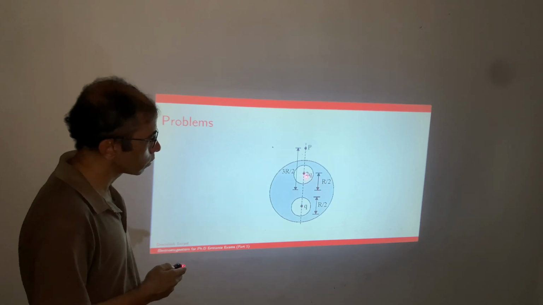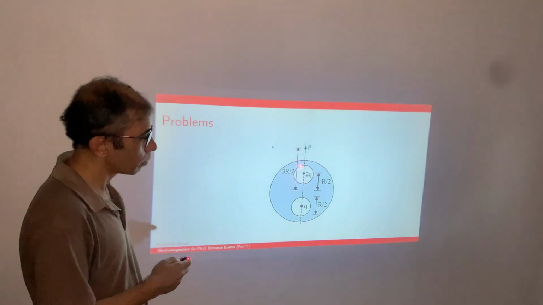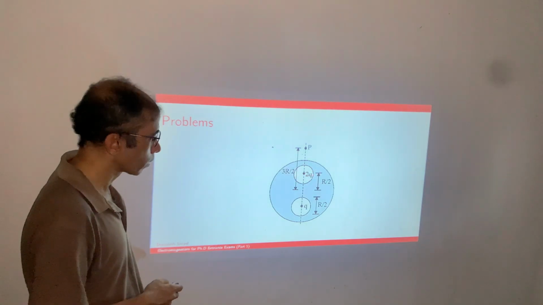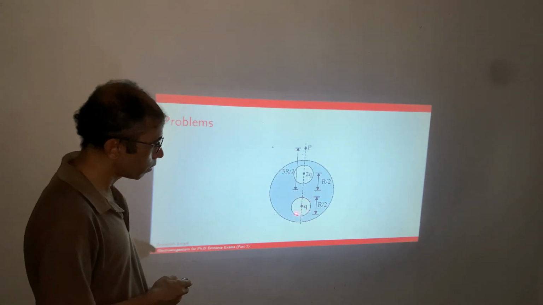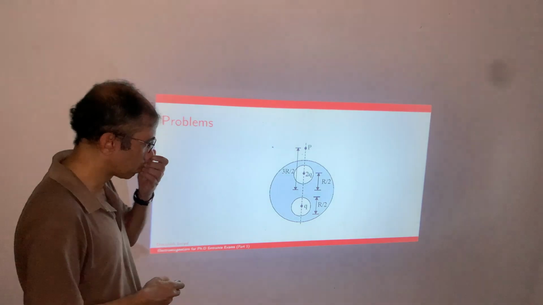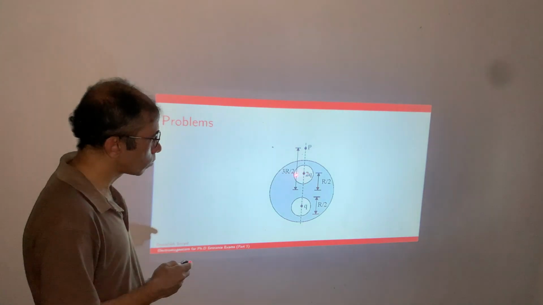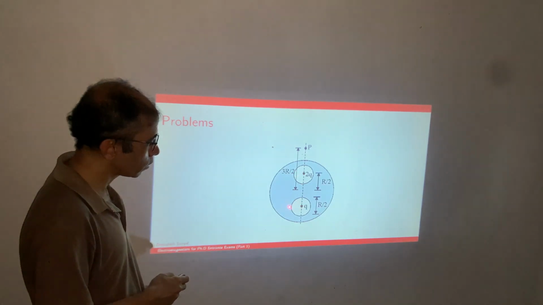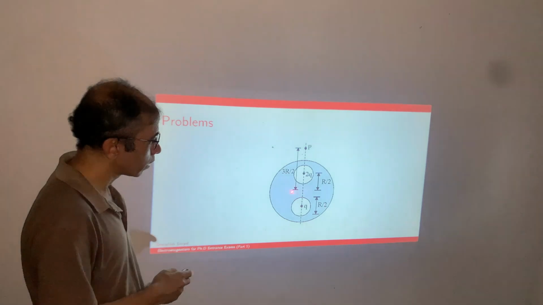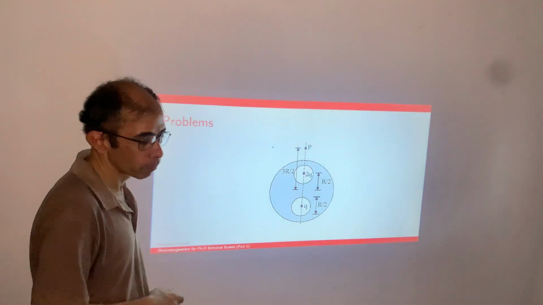If you place a charge 2q here, inside you will have a minus 2q charge. And here if you place a q charge, inside you will have a minus q charge. Right? So this and this induced charge will ensure that the electric field inside this conductor is 0.